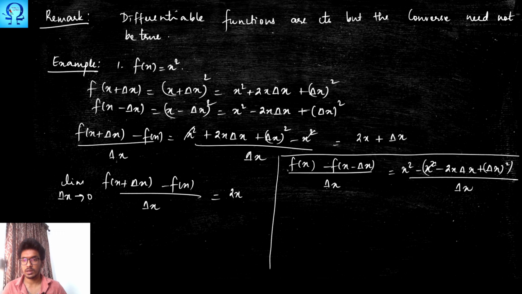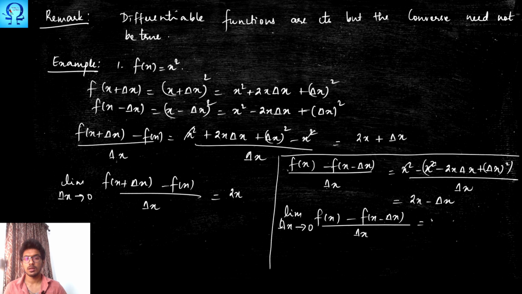So x squared gets cancelled, minus minus becomes plus, and once you cancel delta x, you will be left with 2x minus delta x. And when you make your limit delta x approaches 0, you have this quantity to be 2x.